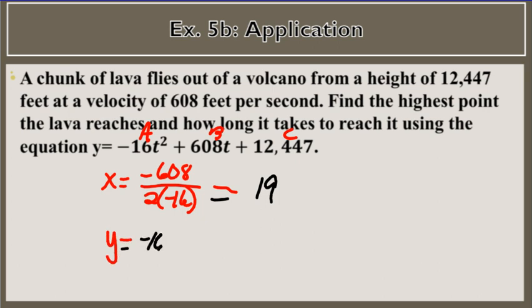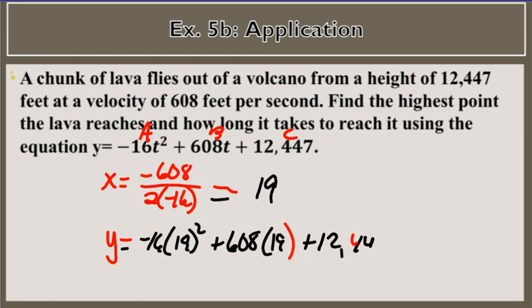So negative 16 times 19 squared plus 608 times 19 plus 12,447. So negative 16 times 19 squared plus 608 times 19 plus 12,447 gives us a height of 18,223.